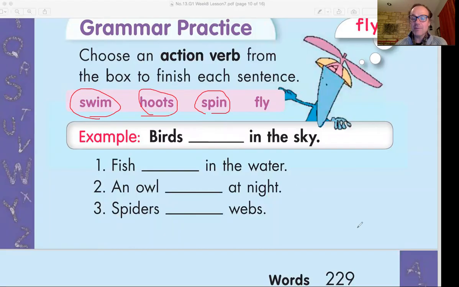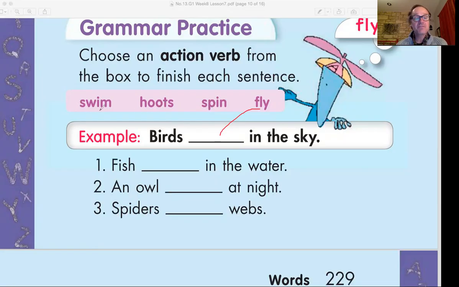All right, we are back. Let's answer these questions. The example: the birds blank in the sky. Do birds spin? Do they hoot? Do they swim? No, they fly, don't they? So fly goes right there. Did you get that one? Number 1, fish blank in the water. Do fish spin in the water?